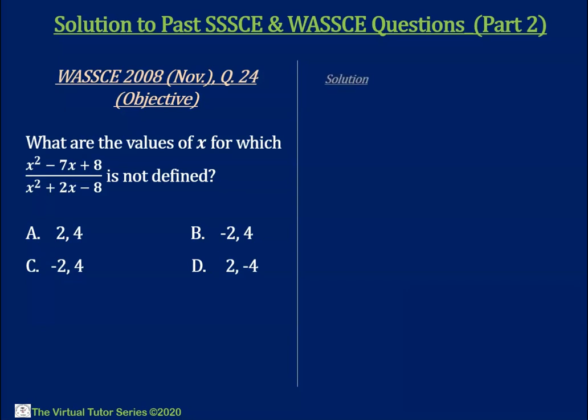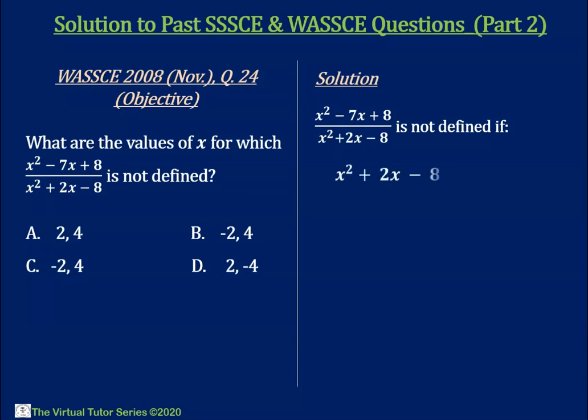Solution. The algebraic fraction x squared minus 7x plus 8 all over x squared plus 2x minus 8 is not defined if the denominator, or x squared plus 2x minus 8, is equal to 0.